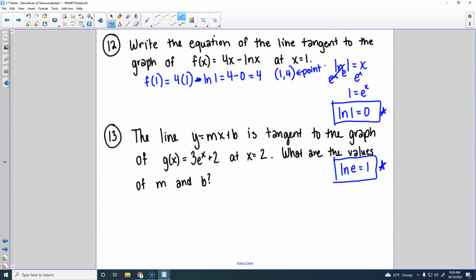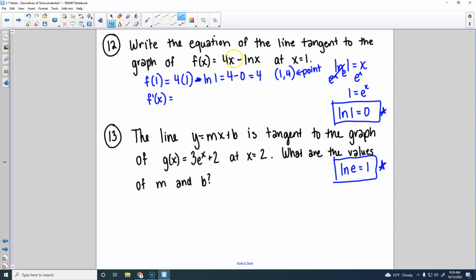Hallie, what else do we need to write the equation of a tangent line? Slope. And how do we find slope? What gives us that slope? It's not f. F gives us where the point is at. F prime gives us the slope, right? So we need f prime of x.